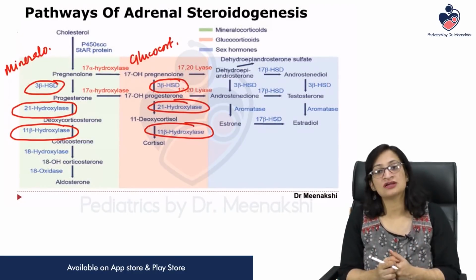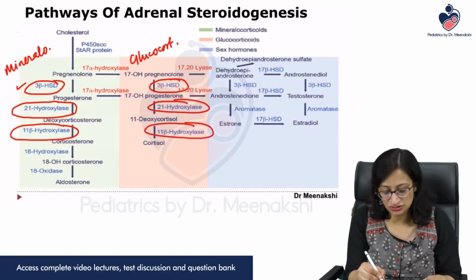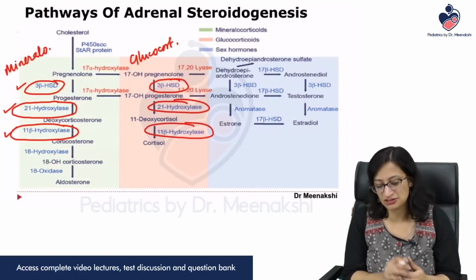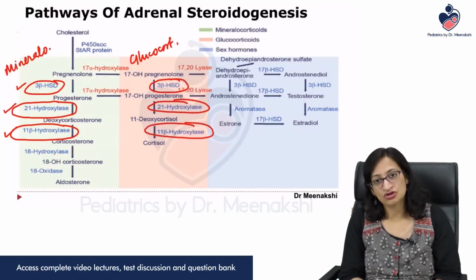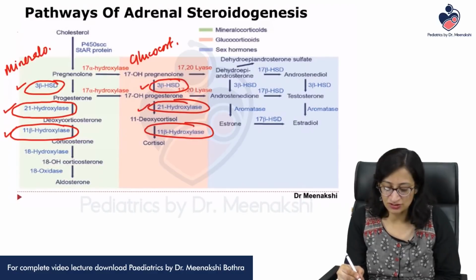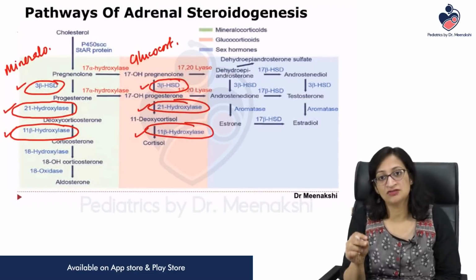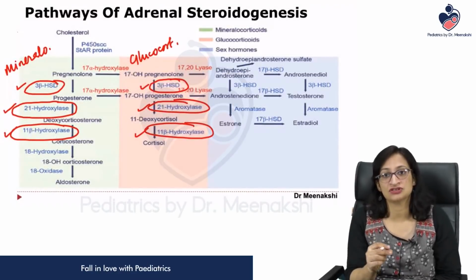The sequence of enzymes is 3, 21, 11: 3 beta hydroxysteroid dehydrogenase, 21 hydroxylase and 11 beta hydroxylase. In the glucocorticoid pathway also it is 3 beta hydroxysteroid dehydrogenase, 21 hydroxylase and 11 beta hydroxylase. So 3, 21, 11. Remember the sequence of enzymes.